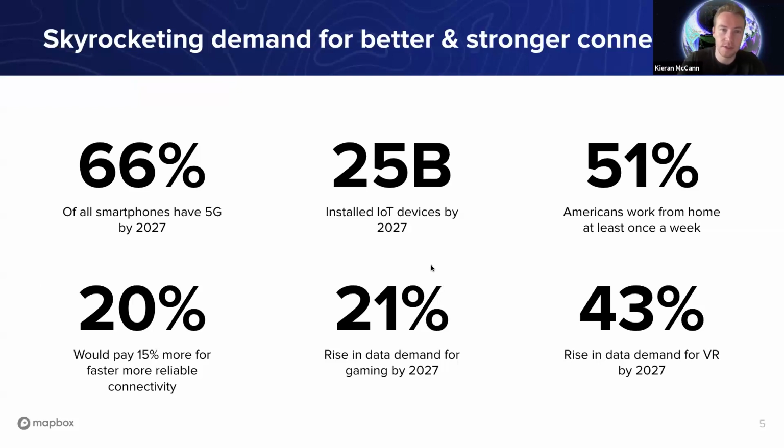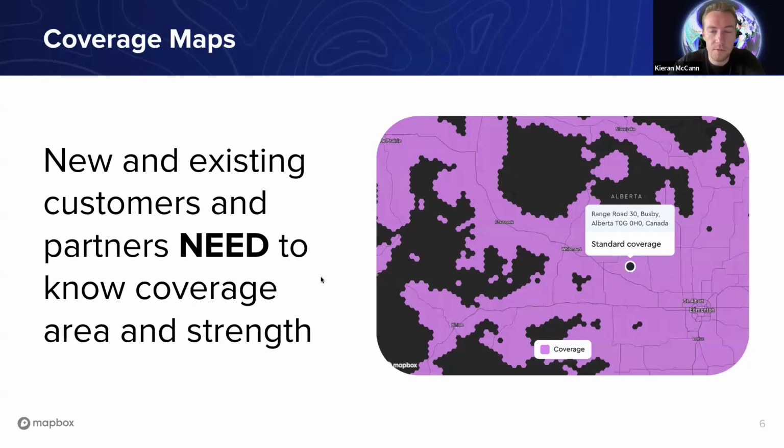So yeah, a lot of stats, everything's going up to the right, and we've got to anticipate how to communicate those needs. We're going to talk about coverage maps today, and really what's important about coverage maps is that it's sort of the first impression that a carrier or a service provider has for their customer base, whether that be prospective customers or customers that have been using their services for a long time.